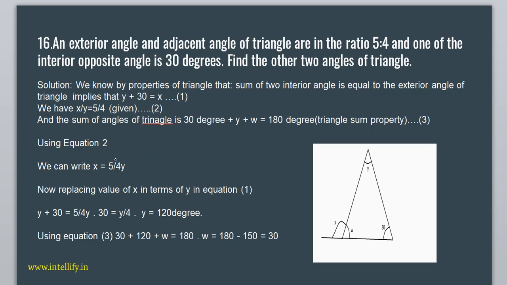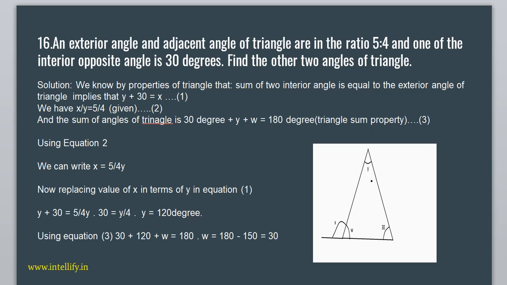Now, using equation 2, we can write x in terms of y and replace it in equation 1. So we will have y plus 30. Now replacing the x in terms of y, we will have 5/4 y, which will lead us to y equals 120 degrees.